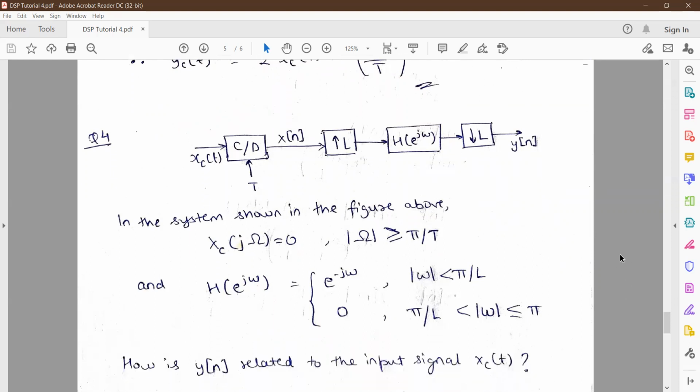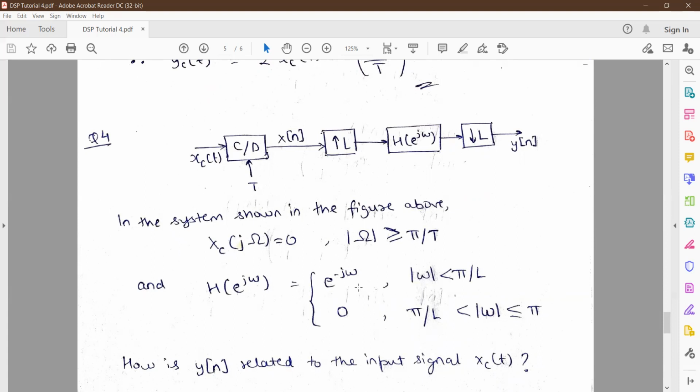And we are asked to write y[n] in terms of input x[n], xc(t). So the first thing that is different in this question is that there is this e^(-jω). But we have seen, this is basically some form of a filter where there is this extra factor. Generally, we have some gain of L, but here we have e^(-jω).